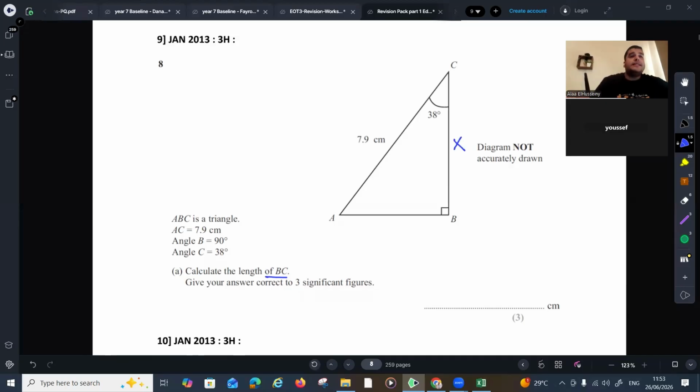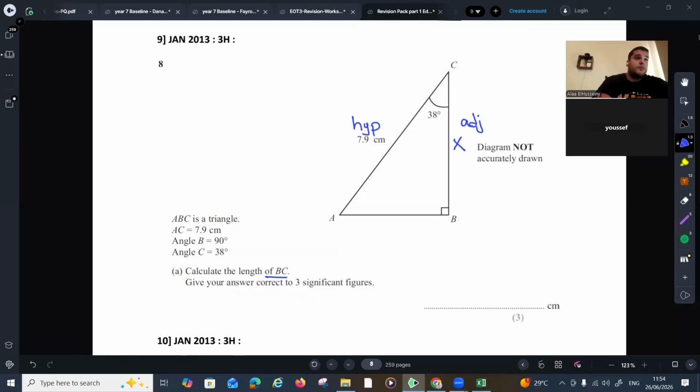What do you call 7.9? Hypotenuse. Thank you. And what do you call the x? It's next to the angle. Adjacent. Thank you. Now, which trigonometric ratio has the hypotenuse and the adjacent? Cosine. Thank you.